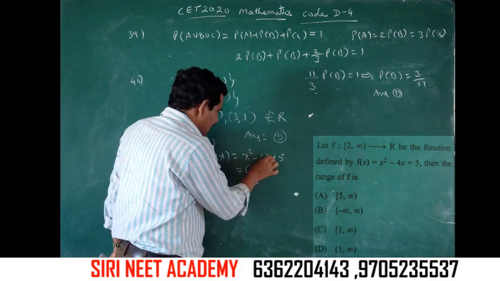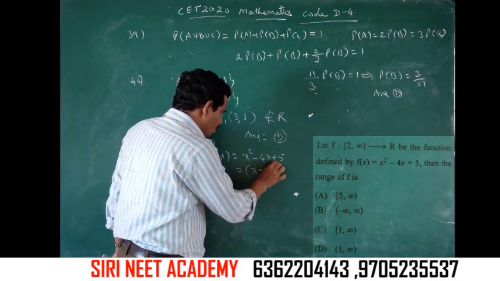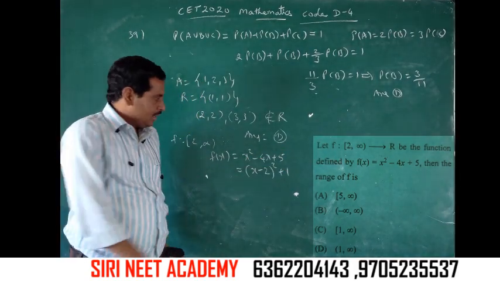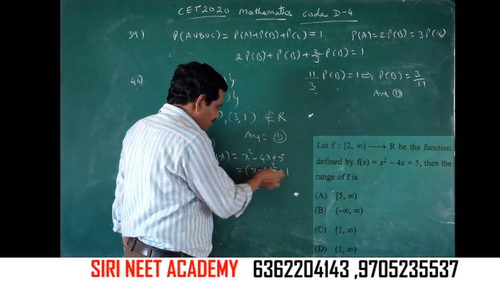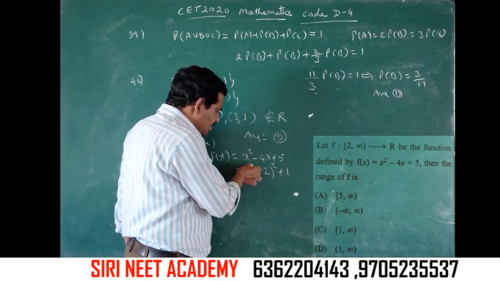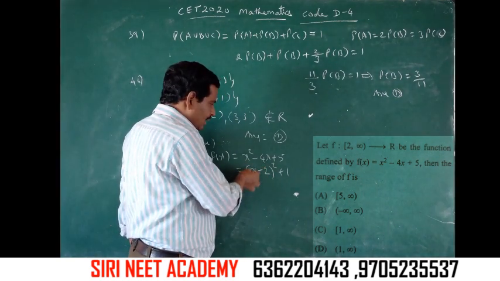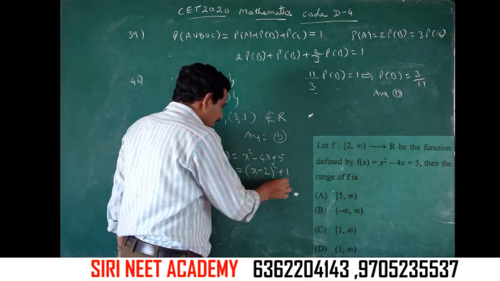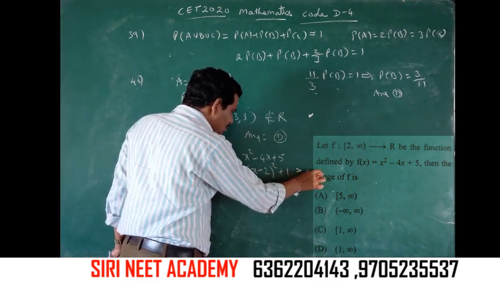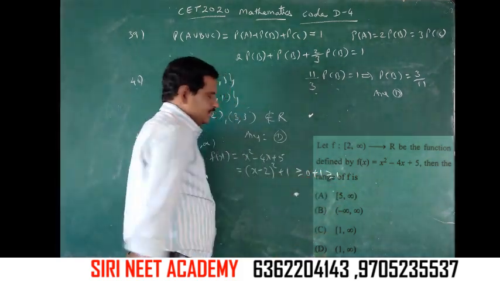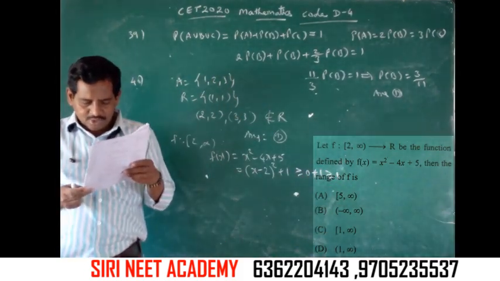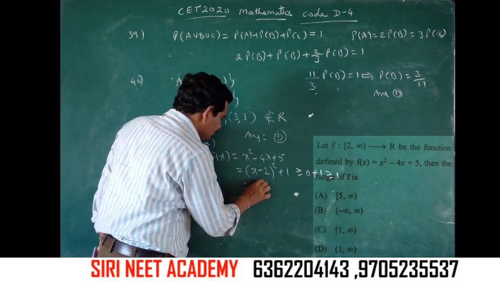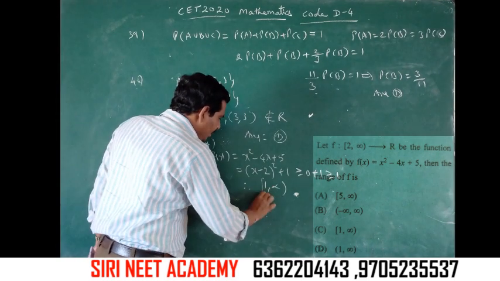This can be written as x minus 2 whole square plus 1. 5 can be written as 4 plus 1. So x minus 2 whole square plus 1. Always this gives a positive or 0 only. Square of a number is either positive or 0. So this is always greater than or equal to 0 plus 1, so greater than or equal to 1. So the answer is 1 to infinity.